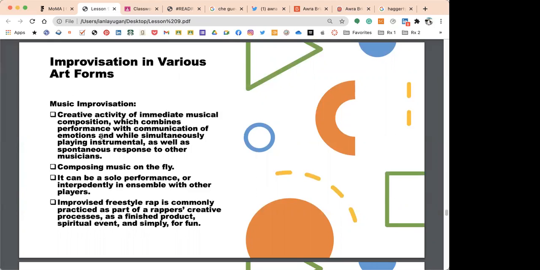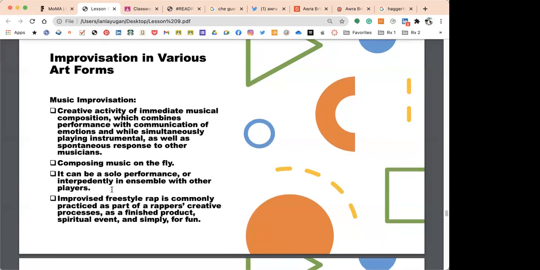So she is creating songs on the road or on the plane or while on tour, etc. It can be a solo performance or in an ensemble with other players. Improvised freestyle rap is commonly practiced as part of a rapper's creative process, as a finished product, spiritual event, and simply for fun. I'll share with you one example of musical improv later on.